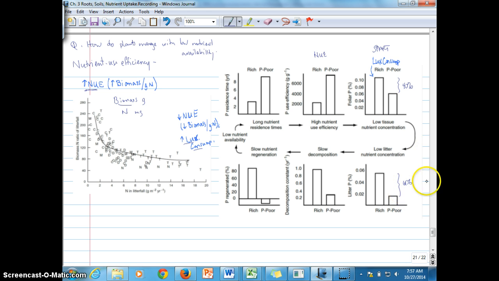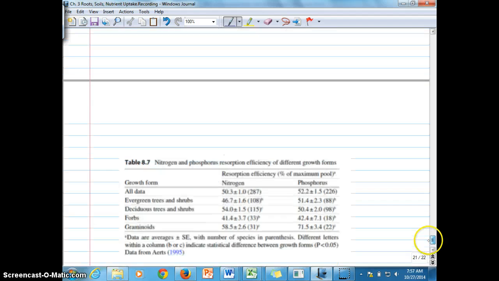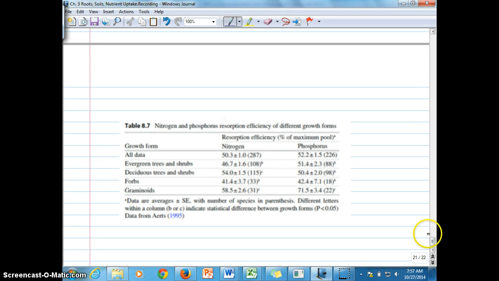Where did it go? Well, that links us to the next figure here, where we see a term which is called resorption.